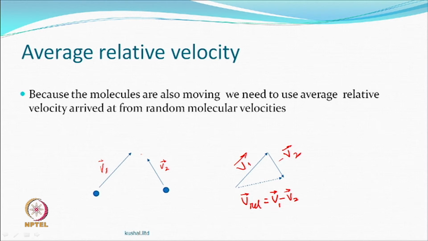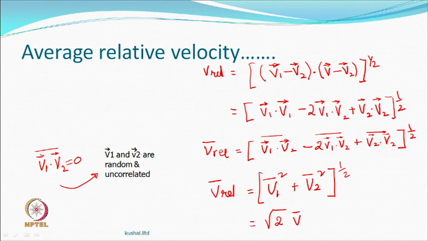How do we calculate that? A relative velocity is like a dot product of the difference of one and the other, the square of that, then averaged and then take the square root. If you do that, you get terms like this, because all of them are also moving. So, all these terms can be averaged out.